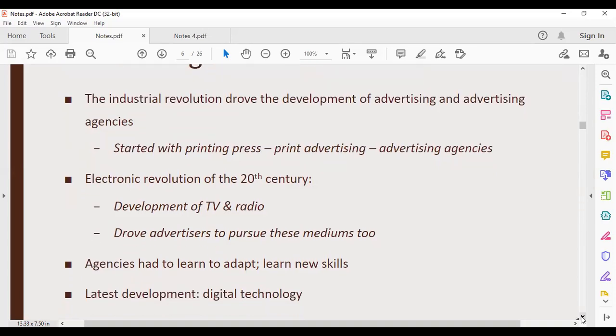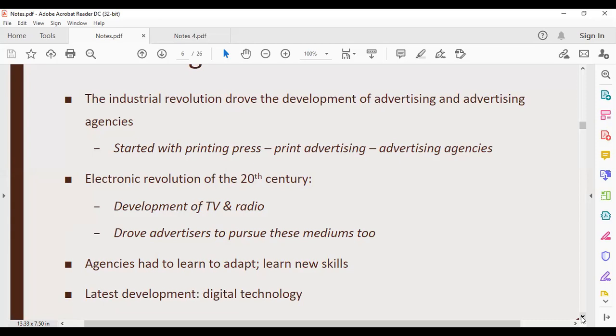Okay, so the advertising agencies now had to learn to create advertisements that can suit radio, advertisements that can suit television. Because before these two, remember, it was only the printing press, the print advertising. Either you just design a poster or you just place an advertisement in a newspaper or a magazine.